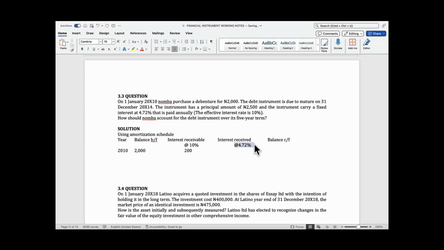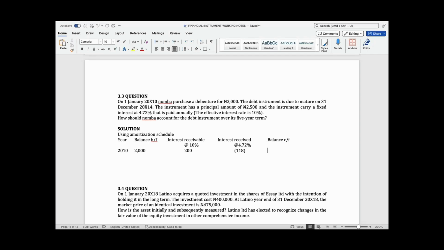The interest received is always calculated on the principal amount. A lot of you will have failed this because you would have done 4.72% of 2,000 instead of 4.72% on the principal amount, which is 2,500. So can you get me 4.72% of 2,500? Yes, sir, 118. Good.